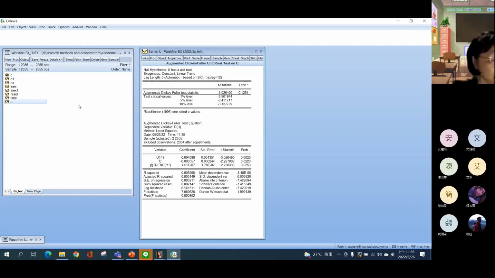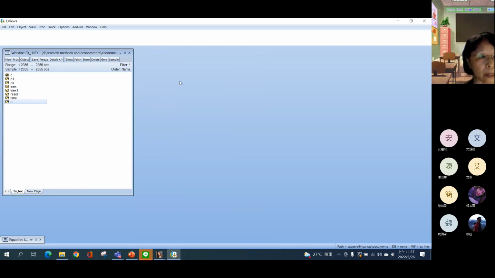And the second way: instead of detrending a time series, suppose we take the first difference of the LNEX. So let me take the first difference of the LNEX. The D1 here is what I did. What do I do for the first difference in EViews?